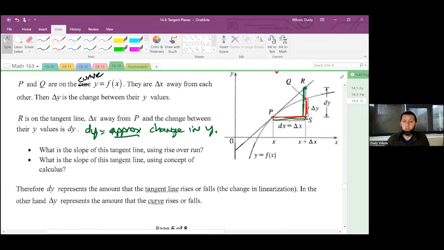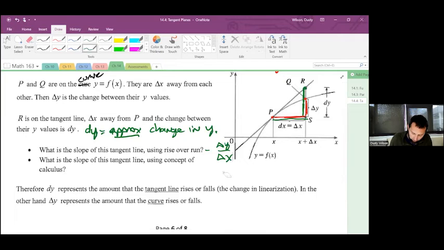So continuing on, what is the slope of this tangent line using rise over run? The slope of the tangent line using rise over run would be delta y over delta x. Actually, I take that back.